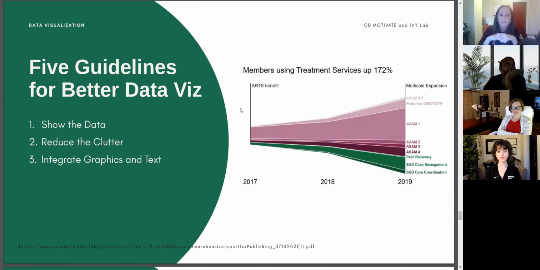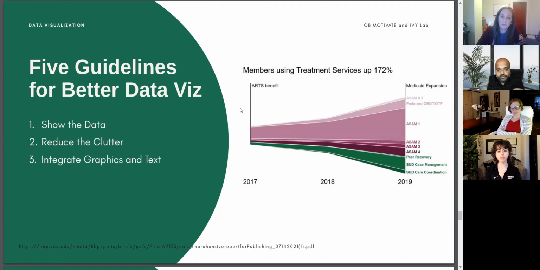But instead of making a plot and then including your typical legend at the bottom with each of my colors labeled with the setting or the level of care that it's in reference to, I just put the label right on the graph, right next to the setting that it's in reference to, and I labeled it in the same color just to be crystal clear on which level of care is represented in which section.